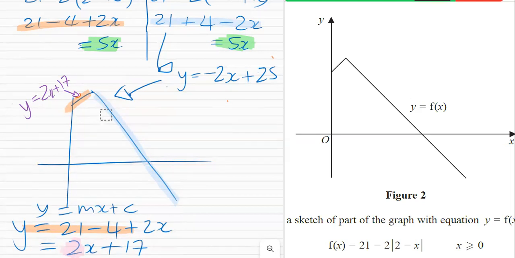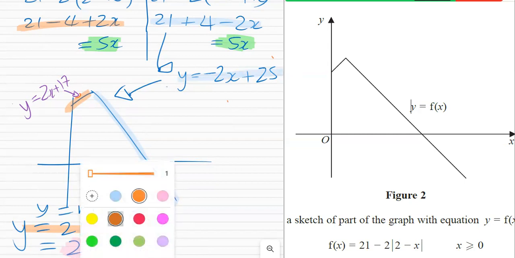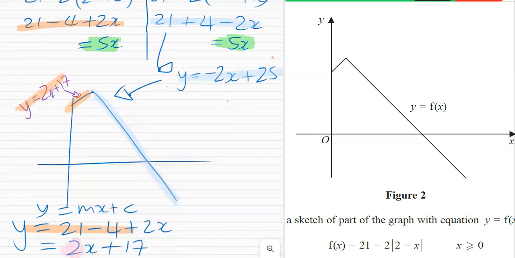I wonder if it affects this one. We want to know where it's equal to 5x. If I look at my two lines, one has a negative gradient and one has a positive gradient. I can ask myself, which one is the 5x actually going to touch?